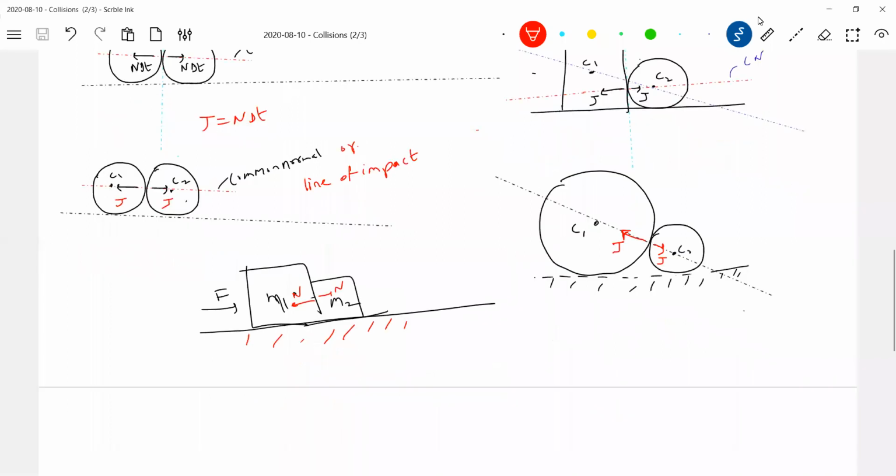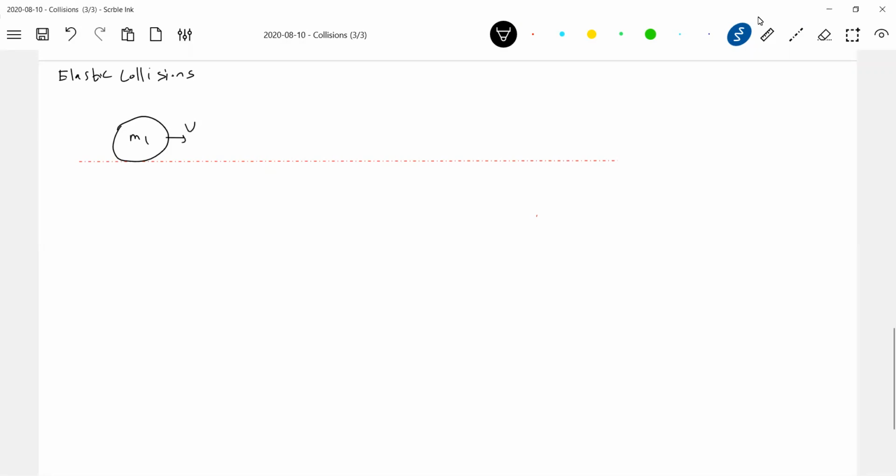Okay, let's go now. As our syllabus is one-dimensional collision, let me stick to that topic here. So there's a horizontal surface, and there are two bodies. First we'll start with the elastic collision. There's an object m1 moving with a speed u, and the other object is at rest.